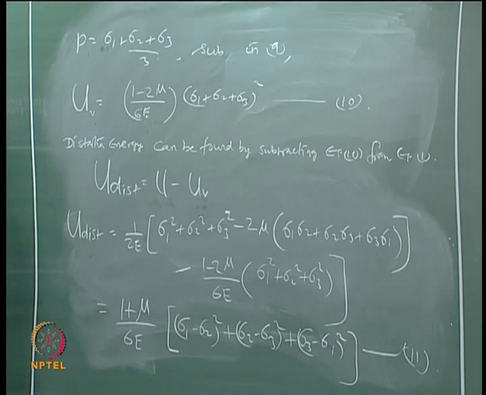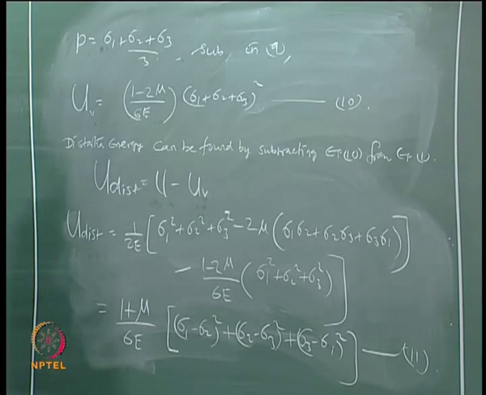Sigma 1 minus sigma 2, 1 plus mu by 6E, then simplify and check.